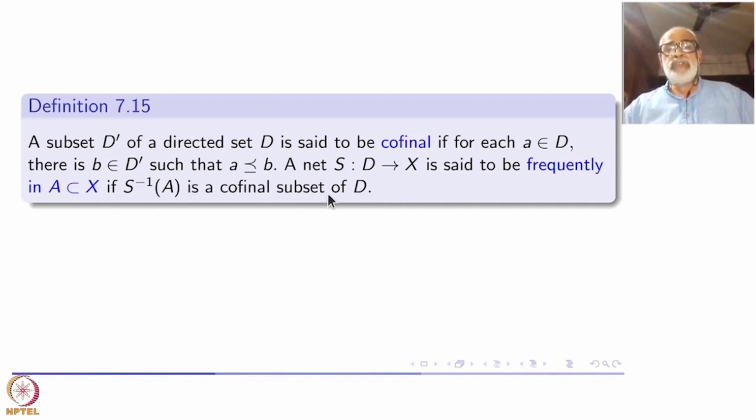Okay, so this is the same thing as saying that S inverse of A must be a cofinal subset. You take this as D prime: given A inside D, I must get a B inside D prime such that B follows A and S of B must be inside A. That is the meaning of this.